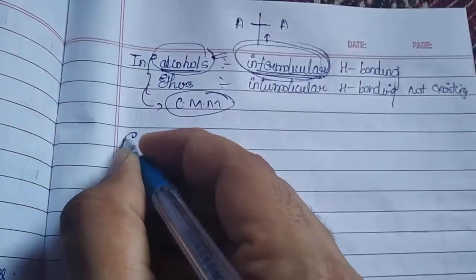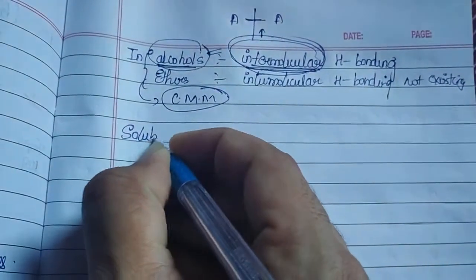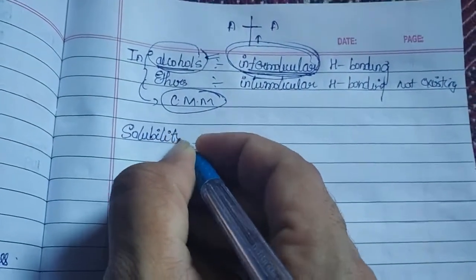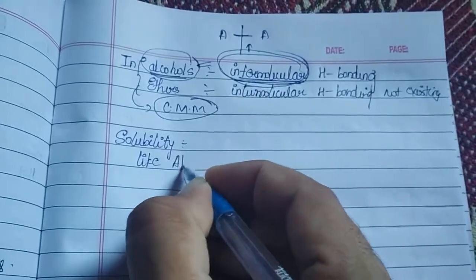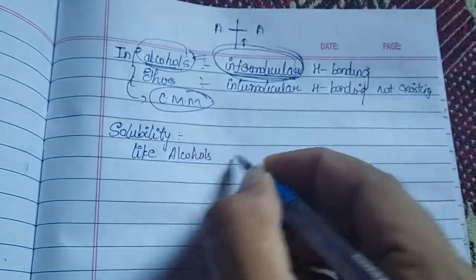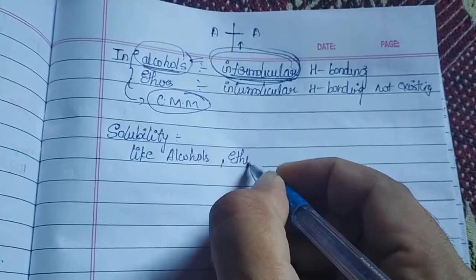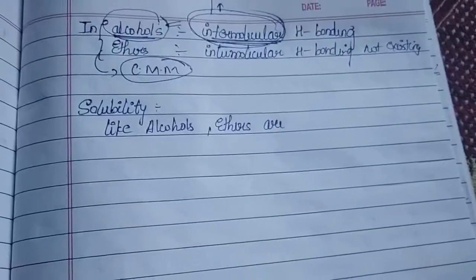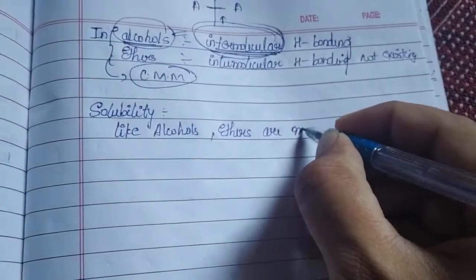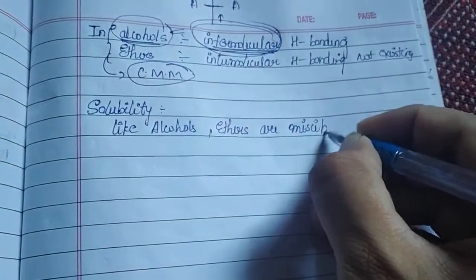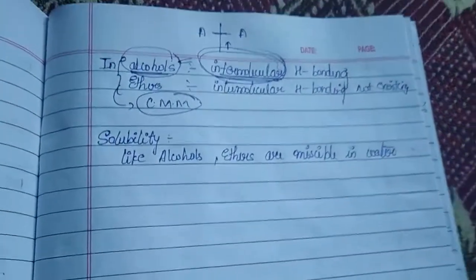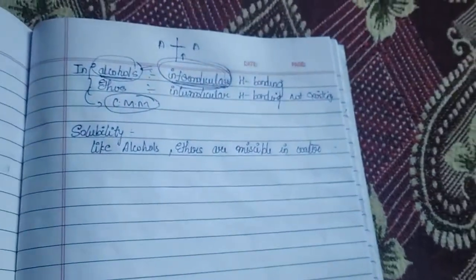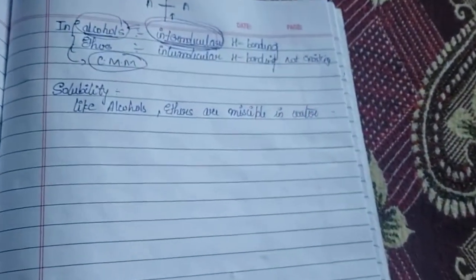Now if I check your solubility, remember, like alcohols, ethers are also miscible in water. As we saw, lower membered alcohols were miscible in water. Here also, ethers are also miscible in water.